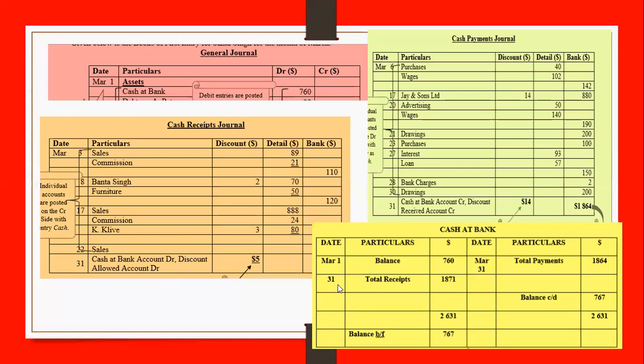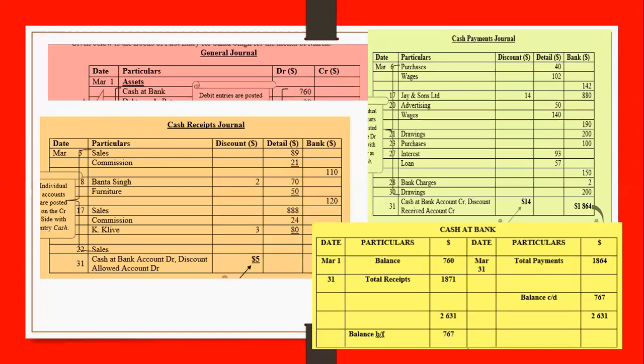And the date, I'm going to use 31st, the same 31st from the CRJ, here in the date column. And my entry, pay attention to my cursor, I'm using total receipts because that is the total of the cash receipts journal.